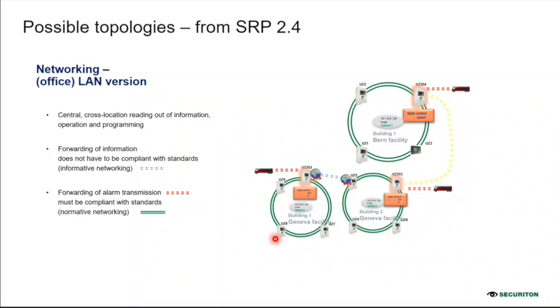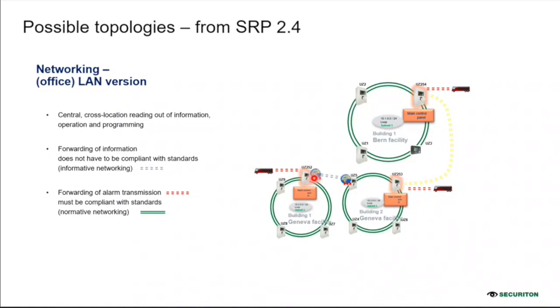For example, if I have two buildings in Geneva, which is a city in Switzerland, and we have another SecuriLAN, another building in another city, Bern, we can transfer the information through the different networks, through the IP, through internet.